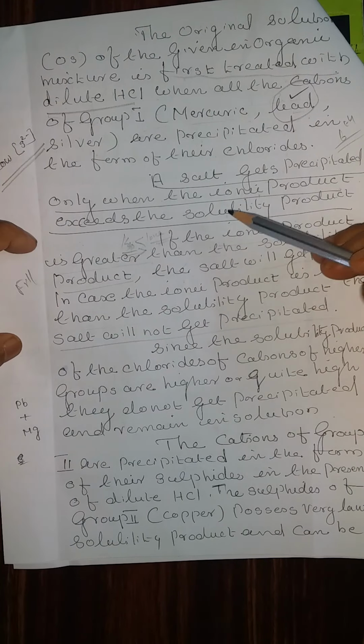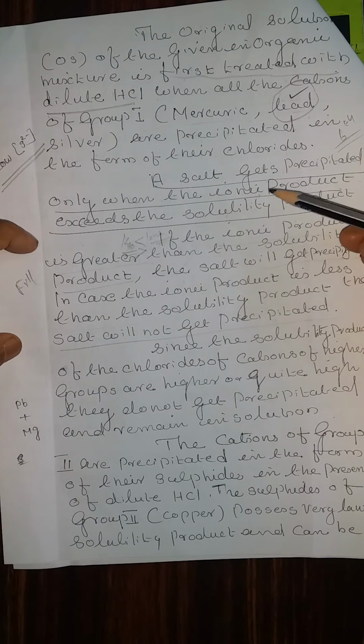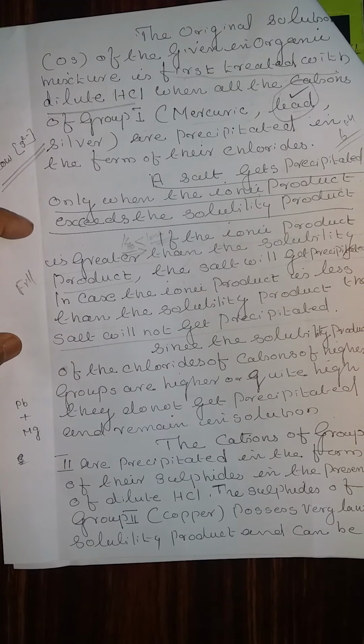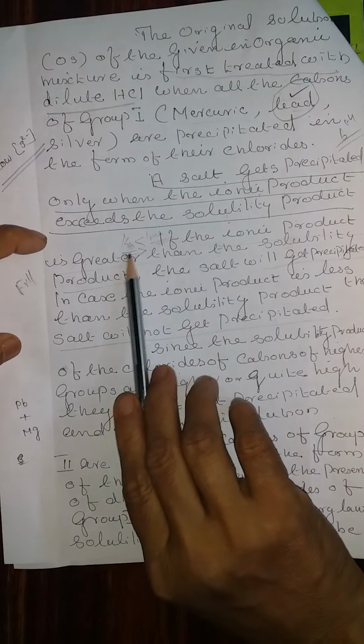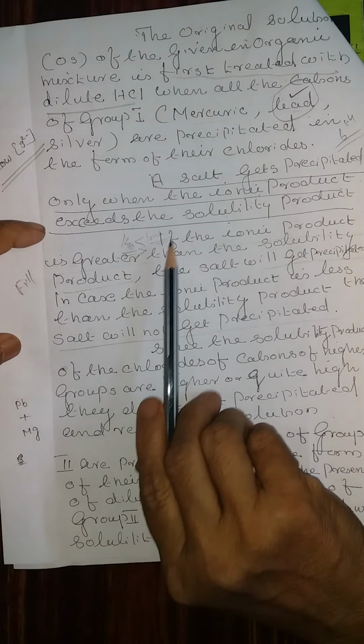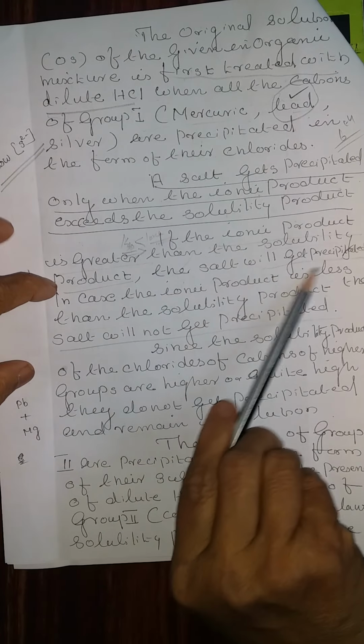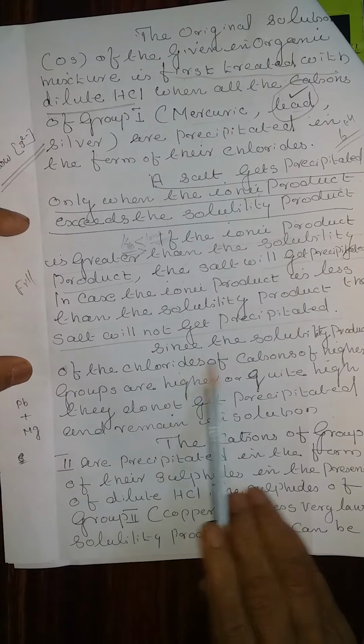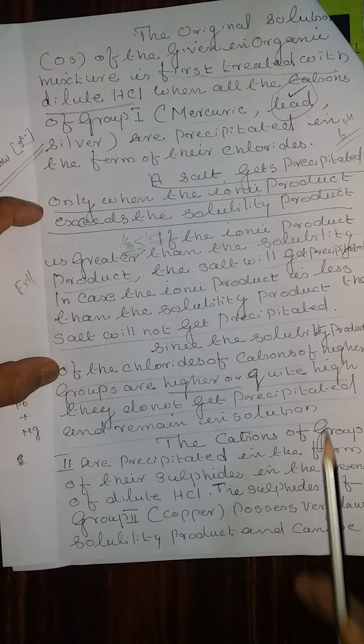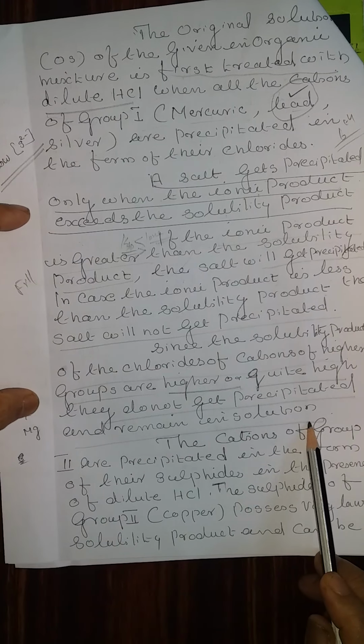Why is the first group precipitated? All the other elements in the second, third, fourth, fifth groups have a lower ionic product than their solubility product. Therefore, since the solubility products of the chlorides of cations of the higher groups are quite high, they do not get precipitated and remain in the solution.